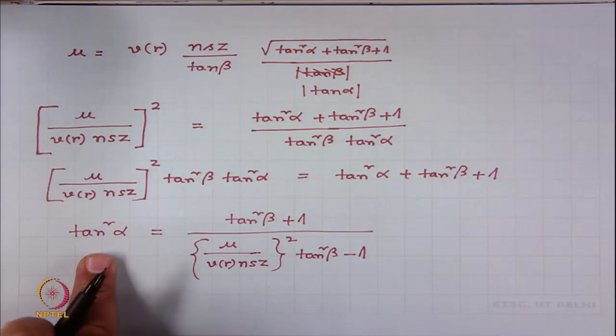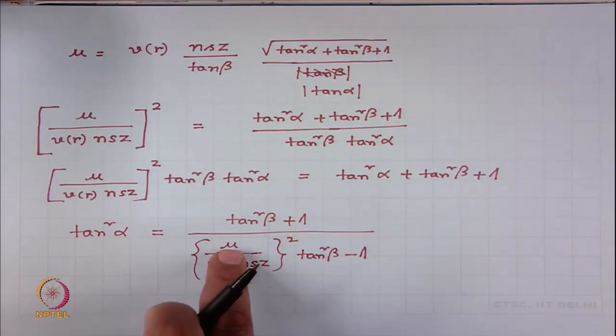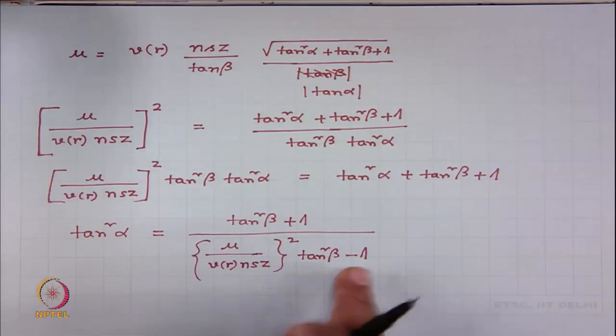So, tan square alpha is equal to tan square beta plus 1 divided by mu, packing density nu r n s z square tan square beta minus 1.